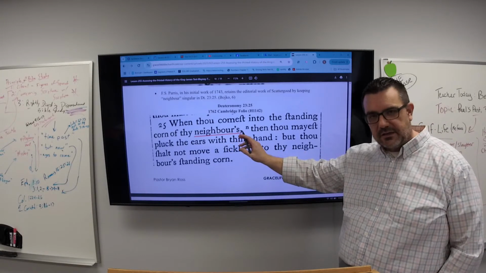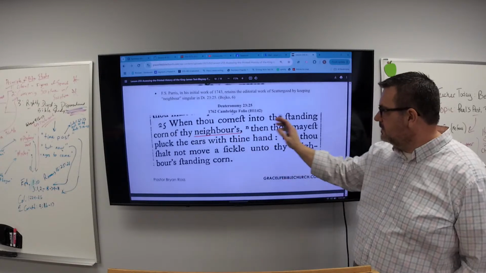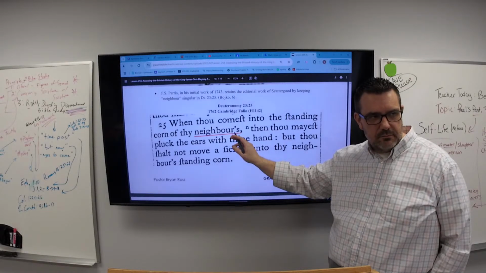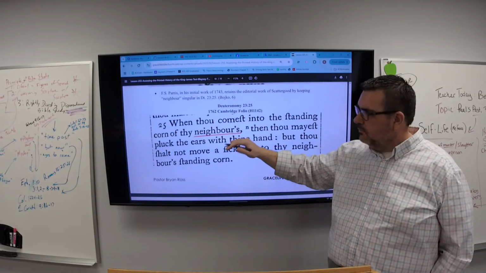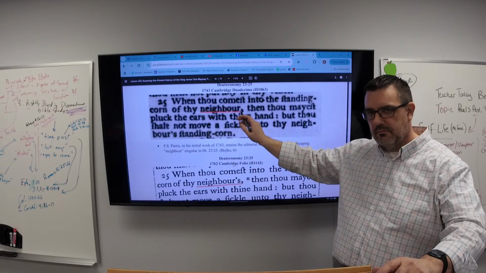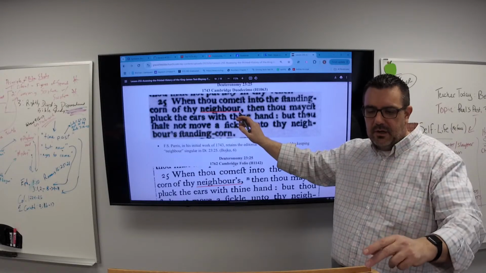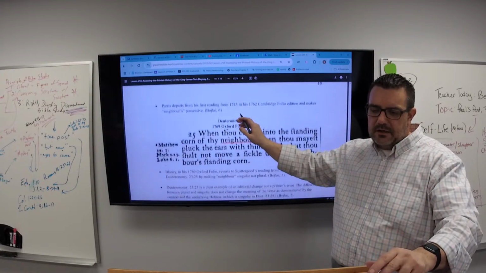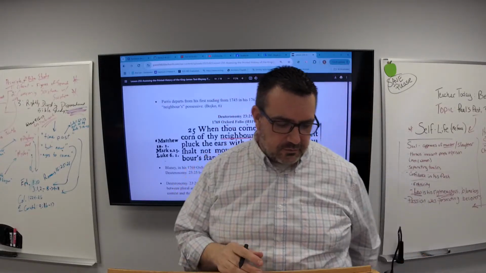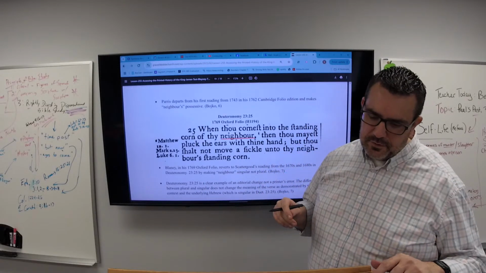Neighbor's, possessive S. Okay? Into the standing corn of thy what? Neighbors. Possessive S. Before, there's not even an S. It's just neighbor. Okay? And then look at the next one. So Paris departs from his first reading from 1743 in his 1762 Cambridge Folio edition and makes neighbor possessive.